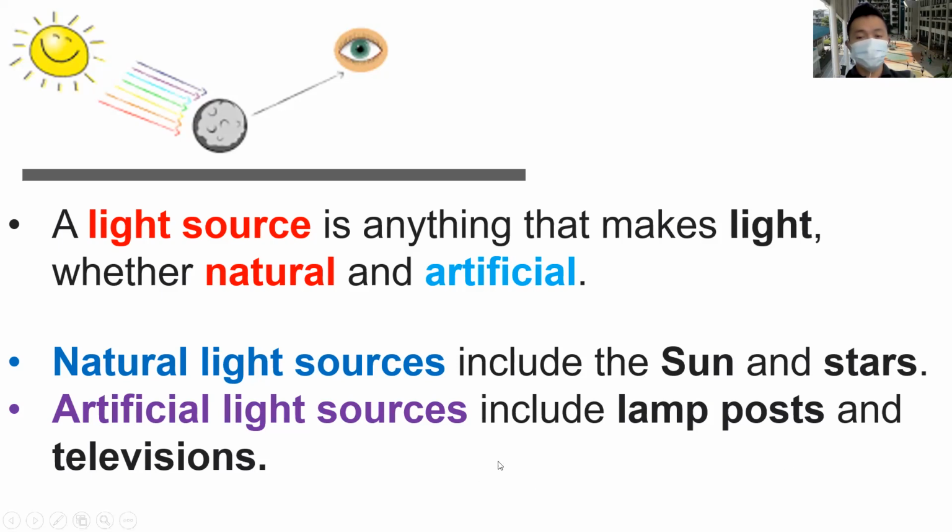The television cannot produce its own light because it is man-made, or shall we say artificial. So natural light is not made by a person, so it's natural.